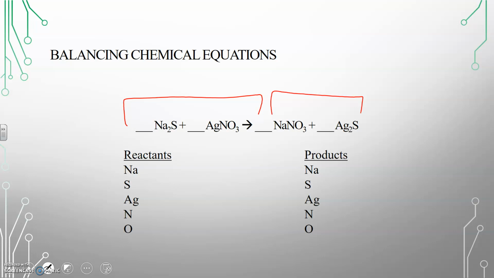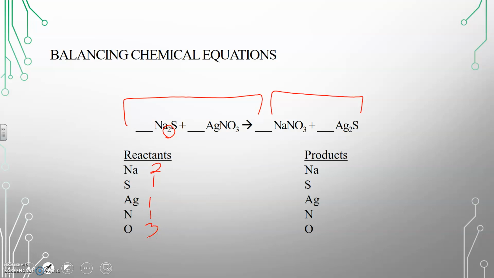Here you can see there's a 2 after the sodium, so we have 2 sodiums right here. We don't have a number after the sulfur, which means that it's just 1. Again, we don't have a number after the silver, so that is also 1. And then with the nitrate, we have 1 nitrogen and 3 oxygens.